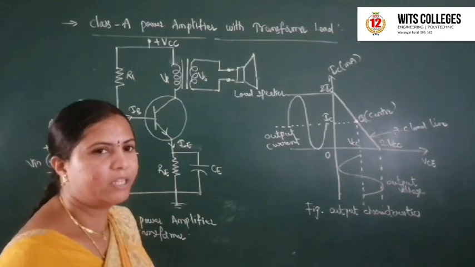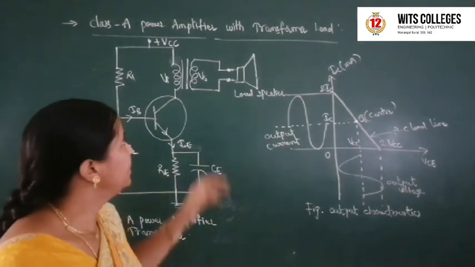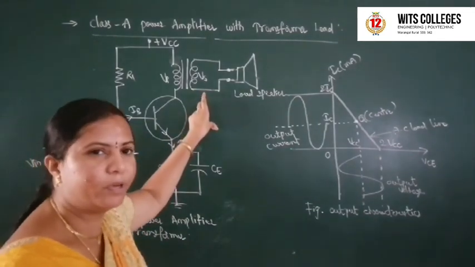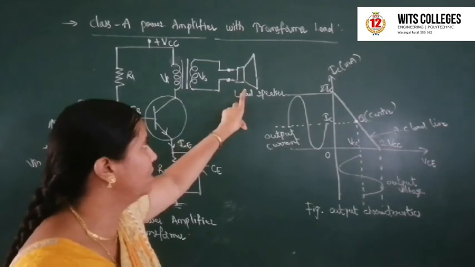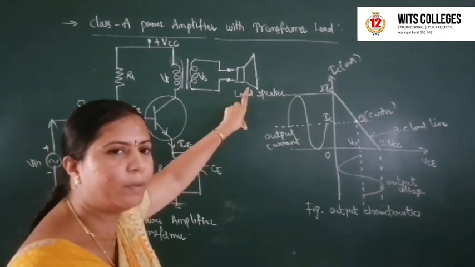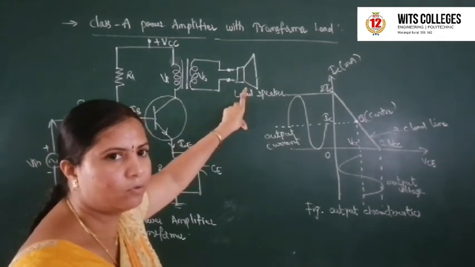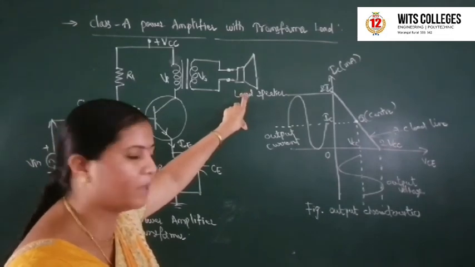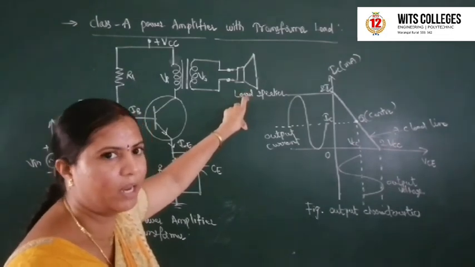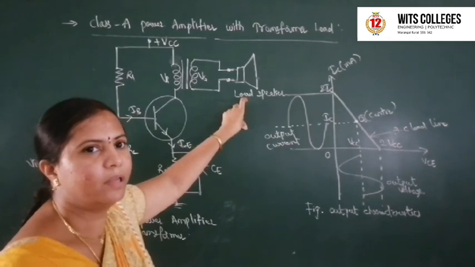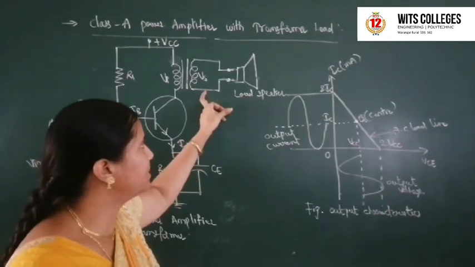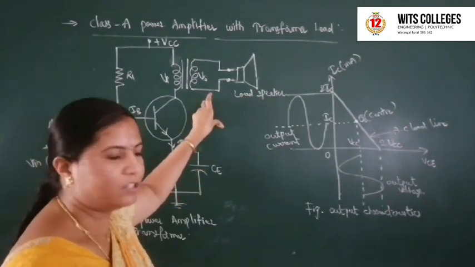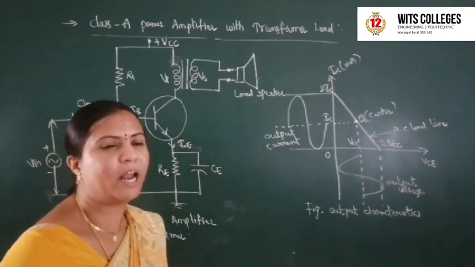Here the power amplifier output impedance is equal to the load impedance. The loudspeaker impedance has to match. Then only the maximum power is delivered to the loudspeaker to drive it.